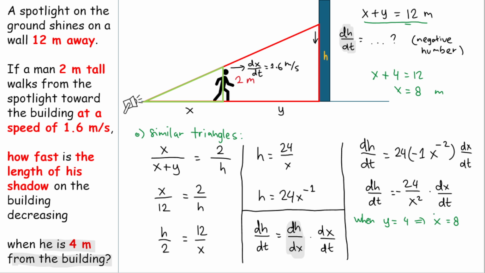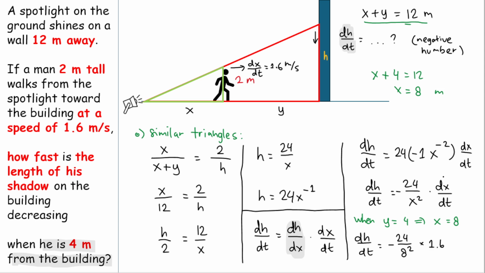And then what we need to do is plug in the numbers, right? So here dH/dt is equal to minus 24 divided by X, X is 8, and then squared, multiplied by 1.6, because dx/dt is 1.6.